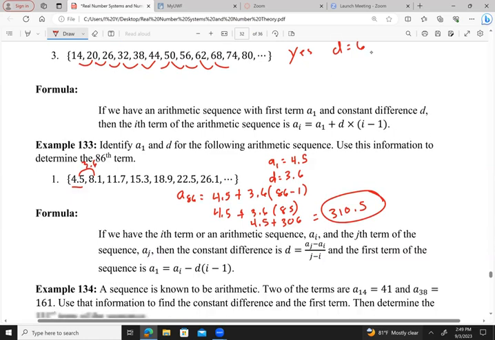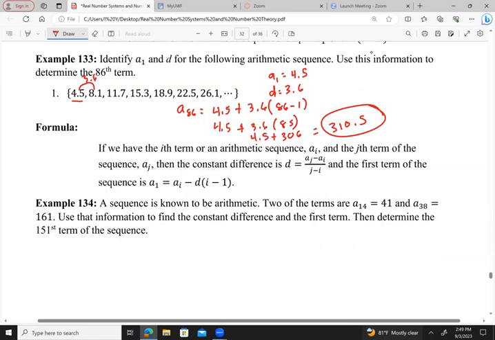So if we have the ith term of an arithmetic sequence, a sub i, and the jth term of the arithmetic sequence, a sub j, then the constant difference D is a sub j minus a sub i divided by j minus i. And the first term of the sequence is a1 equals a sub i minus D times i minus 1.